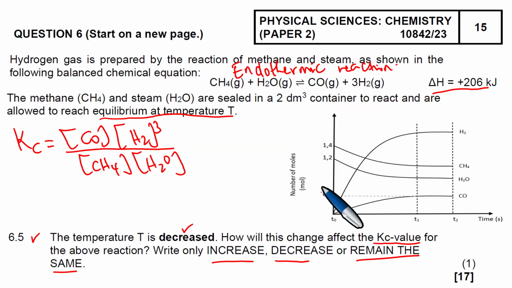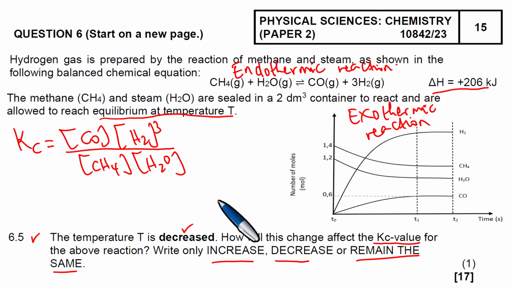Right, so if it is endothermic, what does it mean? What is an endothermic chemical reaction? How does an endothermic reaction differ from an exothermic chemical reaction? You need to explain.